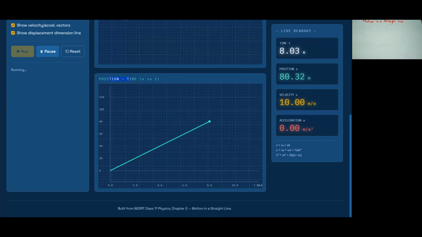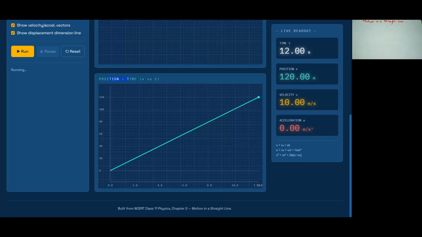It is a perfectly straight line climbing at a constant angle. Clear? So this straight line is the graphical signature of constant velocity. That means equal position gained in every equal slice of time.